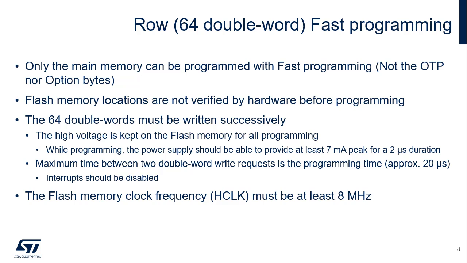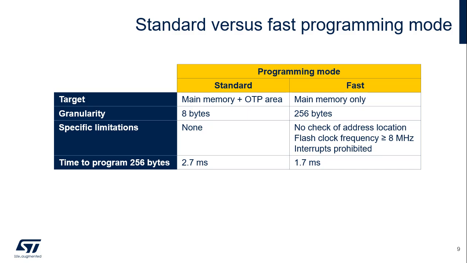If the next double word arrives after this delay, fast programming is aborted and an error flag is set. Therefore, interrupts should be disabled to ensure this delay is not exceeded. This table summarizes the differences between standard and fast programming.